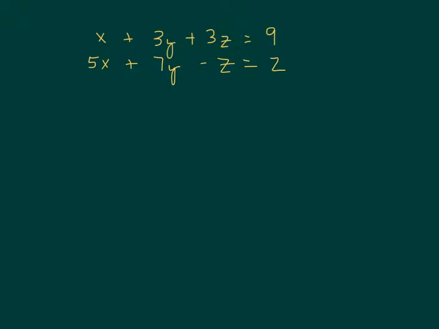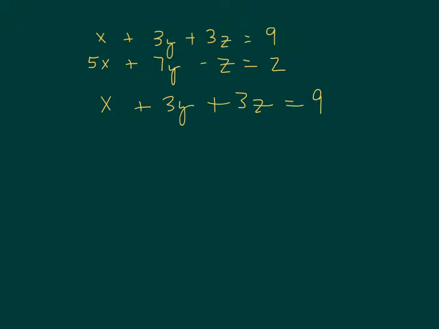And I would like to use elimination method to eliminate the x. So keeping equation 1 the same, what I would like to do is eliminate the x variable in the second equation here.